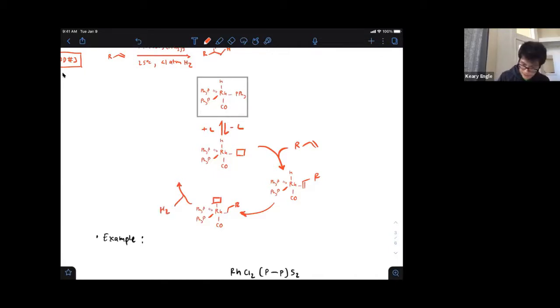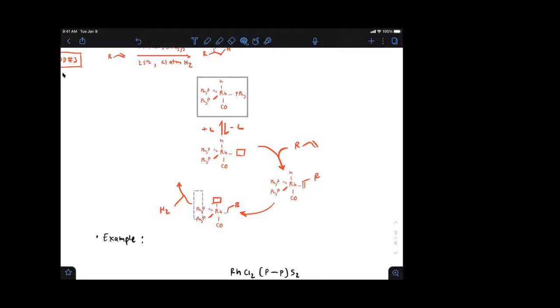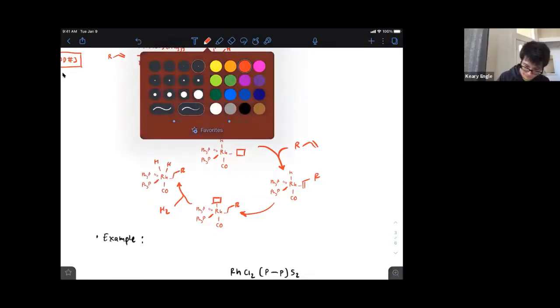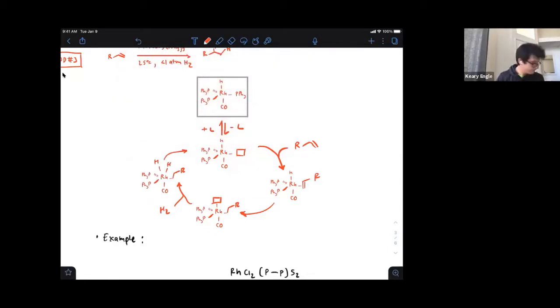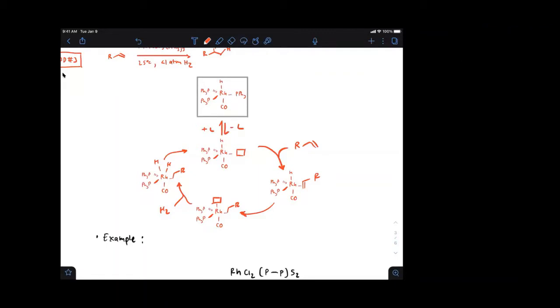And then now you said oxidative addition of the hydrogen molecule. Beautiful. Okay. And reductive elimination to get the final product.